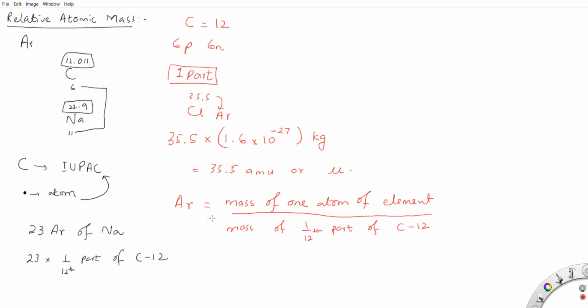So using the concept of Ar, one thing I forgot to mention, relative atomic mass is different from mass number.